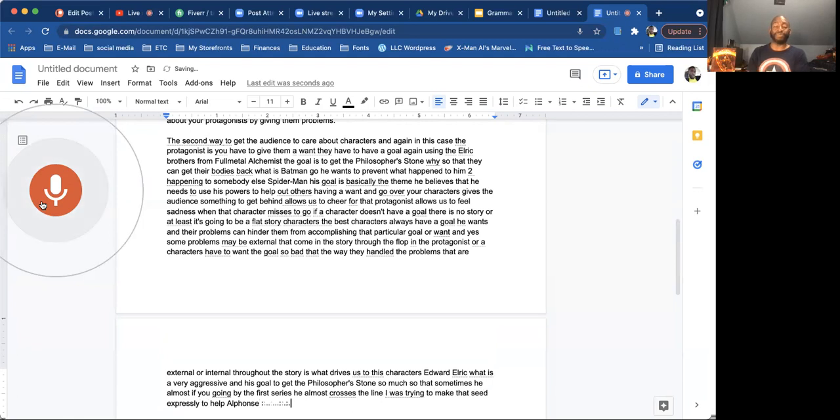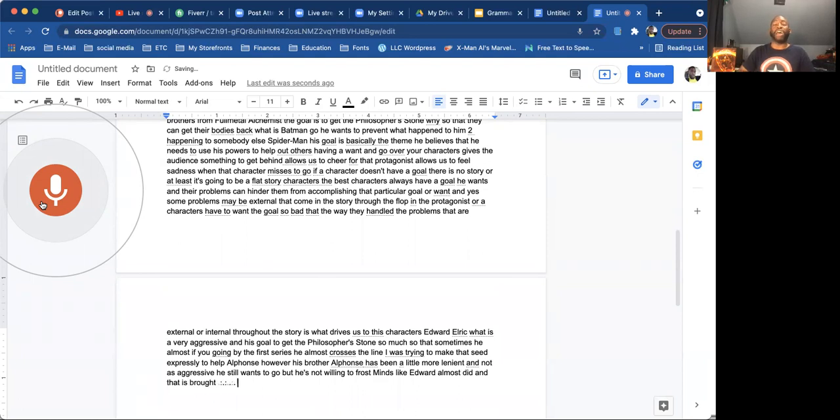However, his brother Alphonse has been a little more lenient and not as aggressive. He still wants the goal, but he's not willing to cross lines like Edward almost did. And that is brought about by their want of finding the Philosopher's Stone.